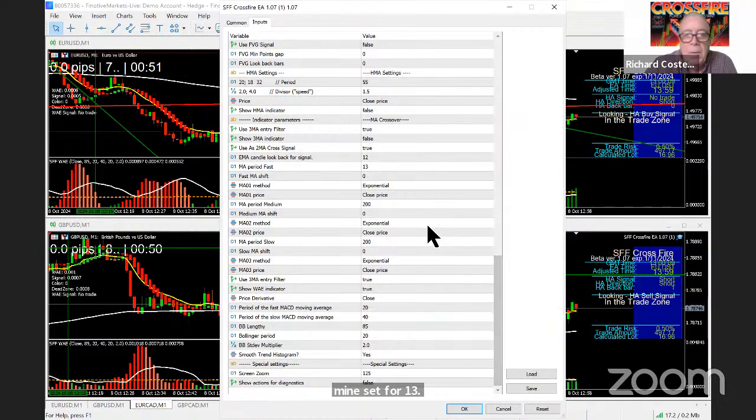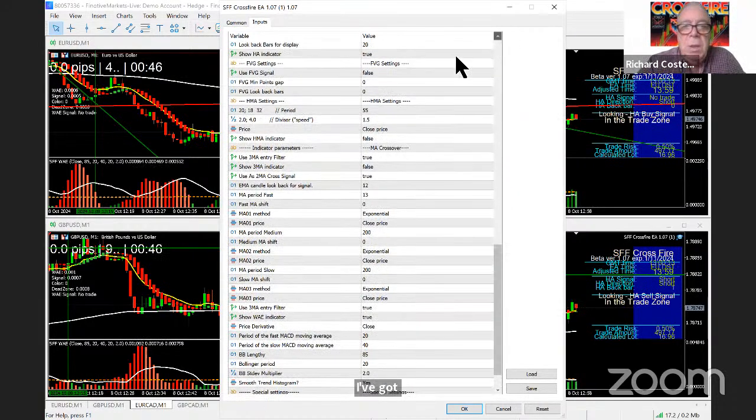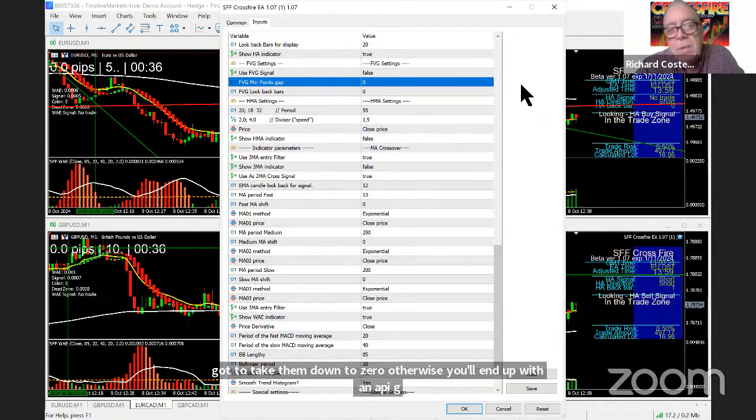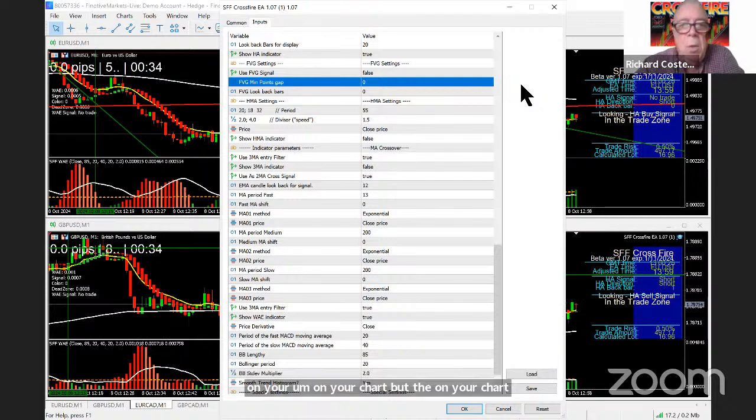What else? I've got the FVG. You've got to take them down to 0, otherwise you'll end up with an FVG on your chart, but the trading assistant will totally ignore them. The same with the HMA settings; it'll totally ignore anything HMA if it doesn't use the HMA.